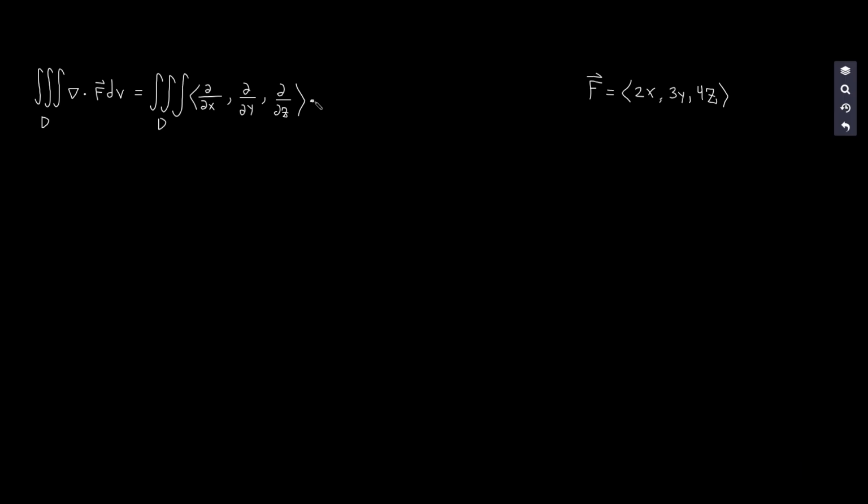We're going to hit it with the dot product with vector F, 2x, 3y, and 4z. So now this is going to be a triple integral over D of the dot product.